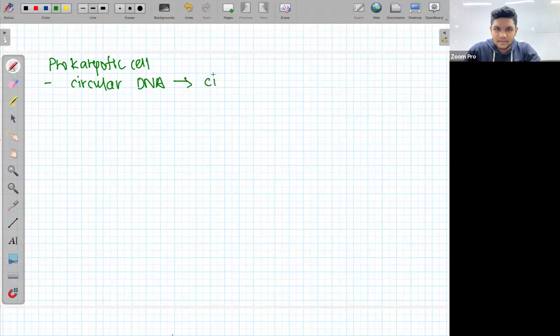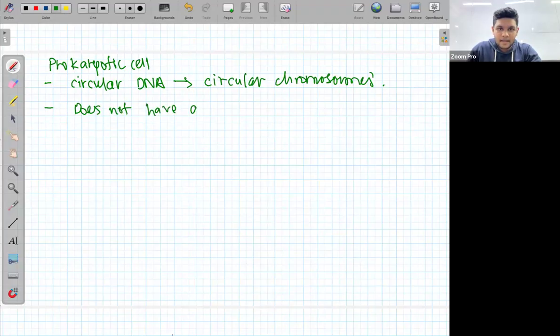So prokaryotes have circular chromosomes too. Second, prokaryotic cells do not have an organized nucleus.